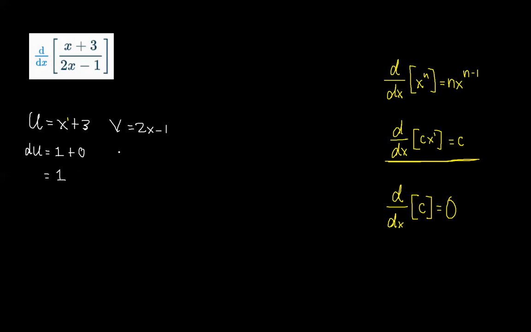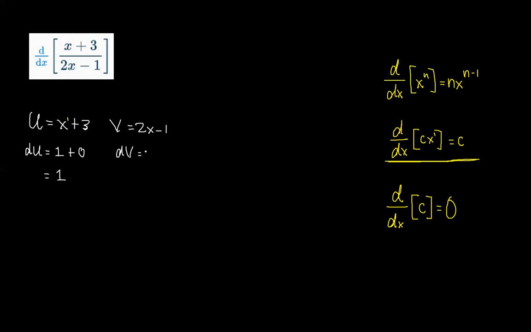Next, let's get the derivative of your v. So what is the derivative of 2x minus 1? The derivative of 2x, I'm going to use this rule instead of the power rule. Again, because this one is more convenient. So as you can see, the derivative of cx is equal to c.